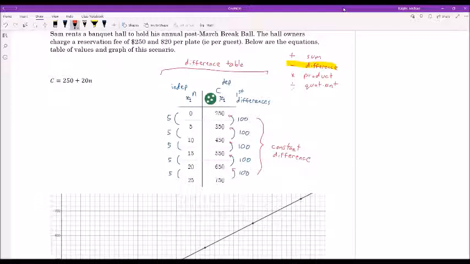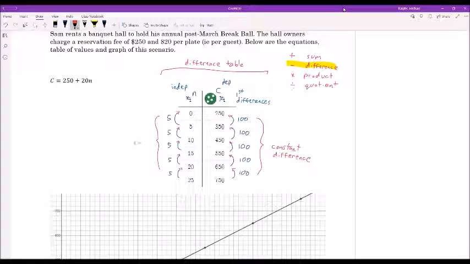And we can do the same thing on the left side too. We don't really talk about it in differences on the left side for the independent variable, but we do still do this because there is a reason for this. 5 minus 0, so I'm going to count or subtract up. 10 minus 5 is 5, 15 minus 10 is 5, 20 minus 15 is 5, and 25 minus 20 is 5. So again, these are all constant as well.